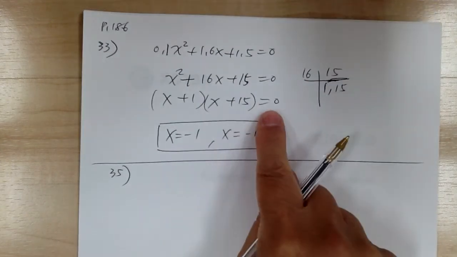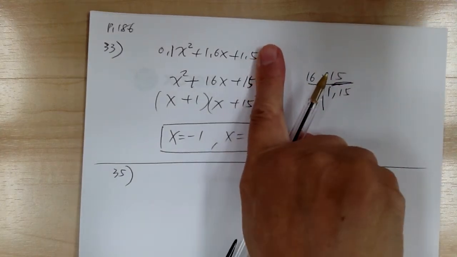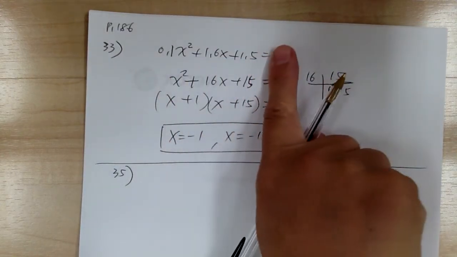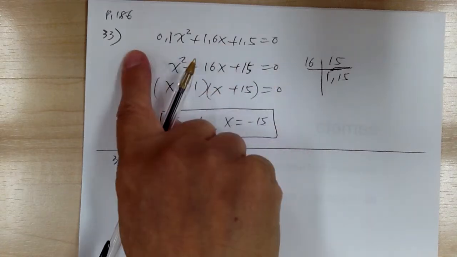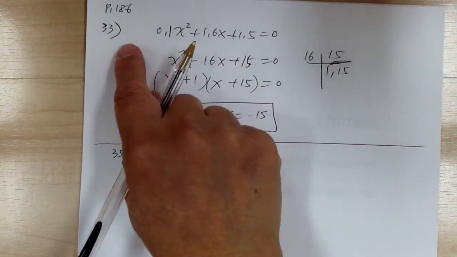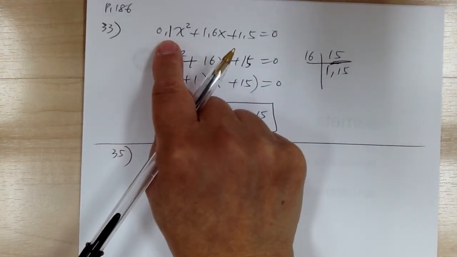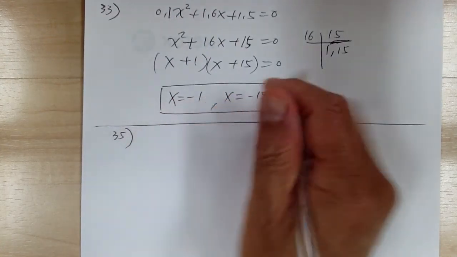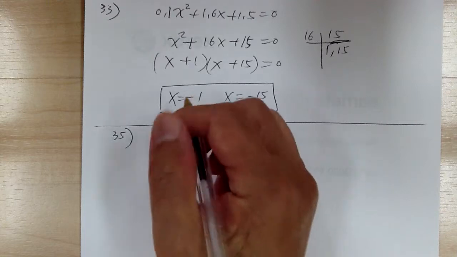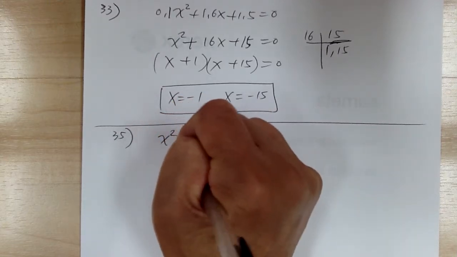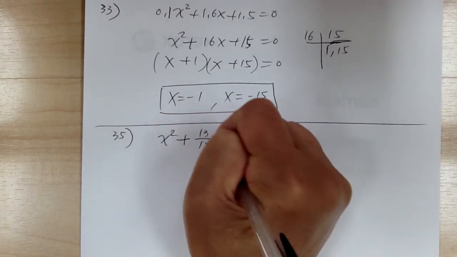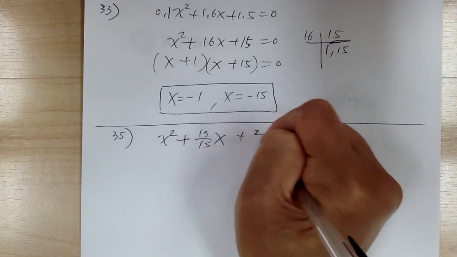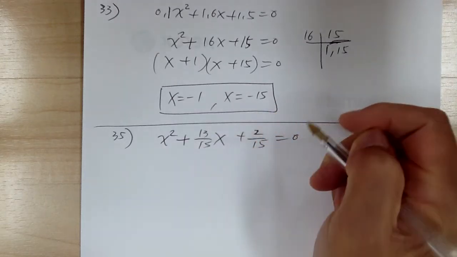Now you can only do this with an equation. If it's an expression, then you cannot multiply. If it's an expression, you have to change into fractions and you can factor out. But if it's an equation, it's a lot easier. You got x squared plus 13 over 15x plus 2 over 15 equal to 0.